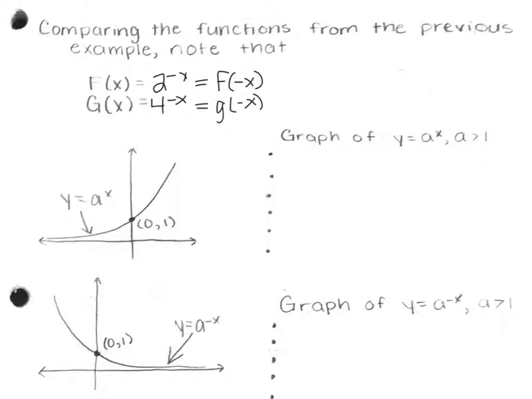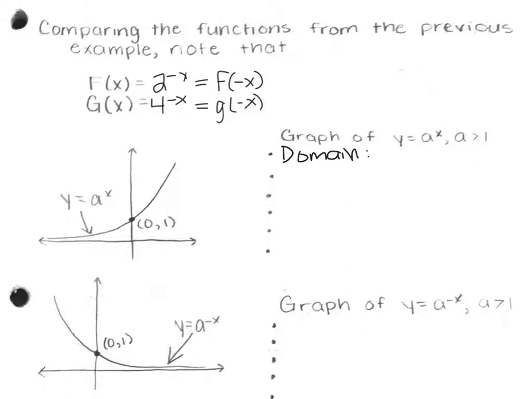So let's take a look now at some characteristics. For our graph of y equals a to the x, where a is greater than 1, we have a domain, as we have with all functions.